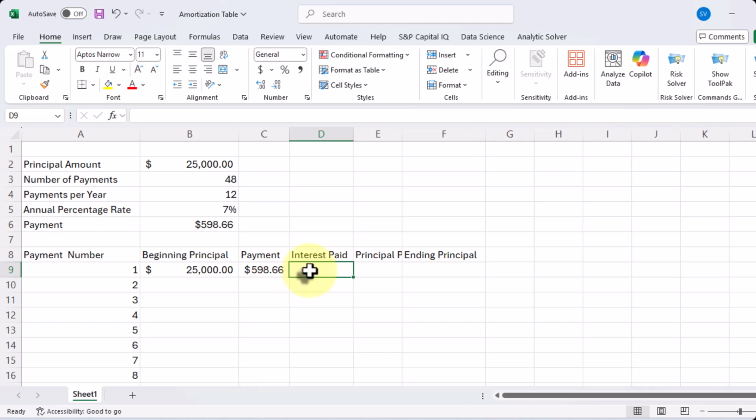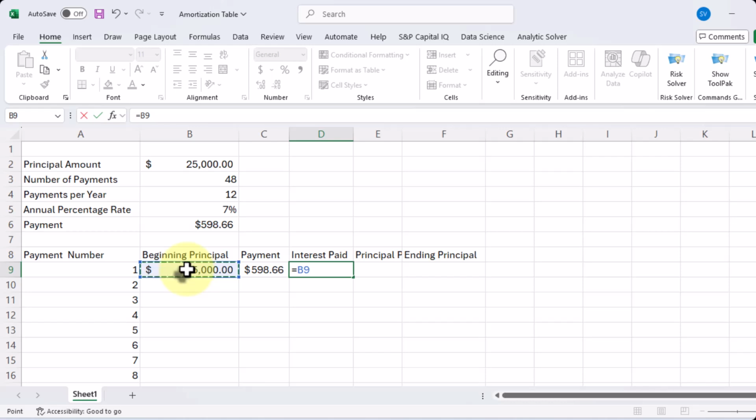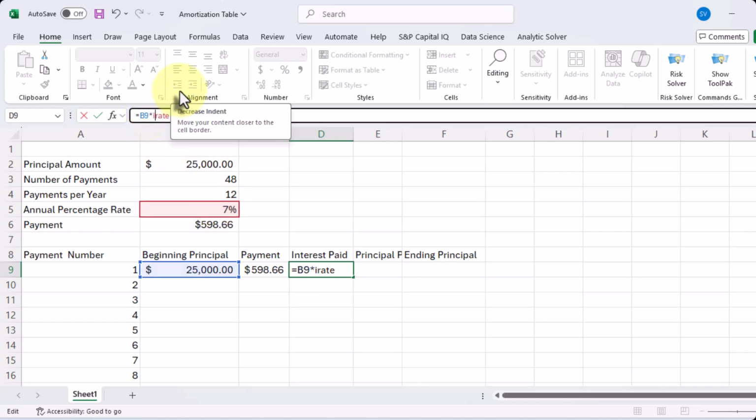So I'm going to put in here equals, and I want to put the beginning principal in column B multiplied by the interest rate, and that number, I'm going to put this in parentheses here, I rate divided by PPY.